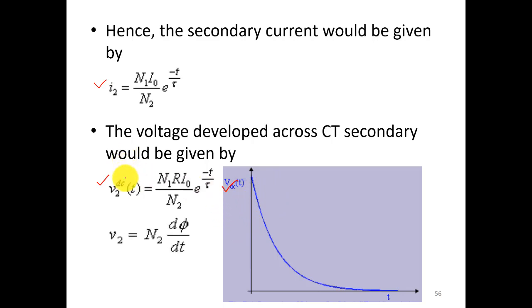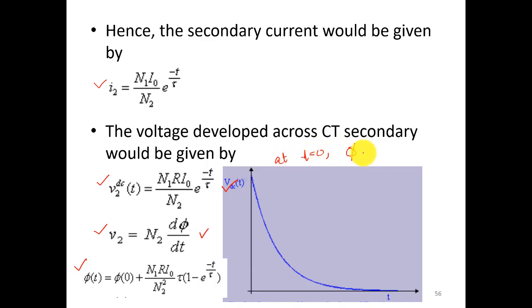Now we know that V2 equals N2 into d phi by dt, and from this equation we can find the flux linkage phi, just by integrating V2 with respect to time and putting the initial conditions. The initial condition is at t equal to 0, phi(t) equal to phi naught.